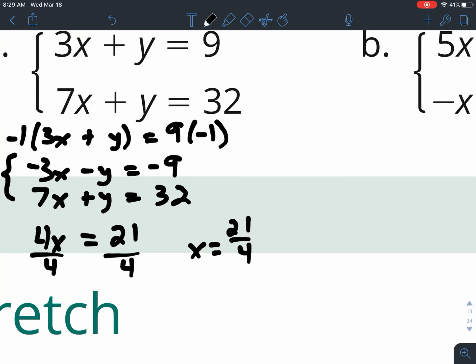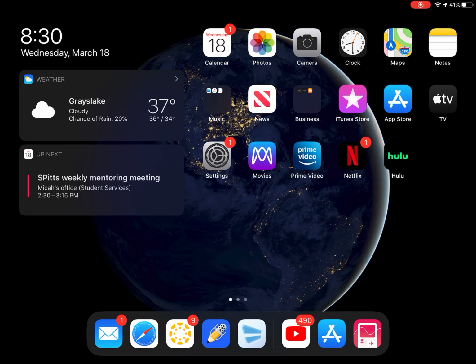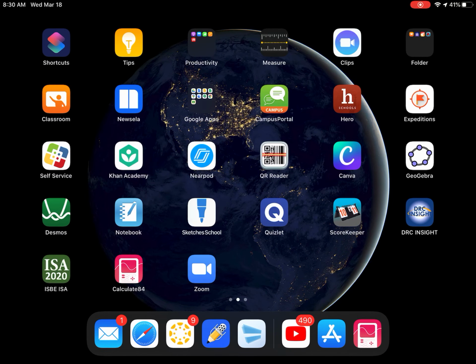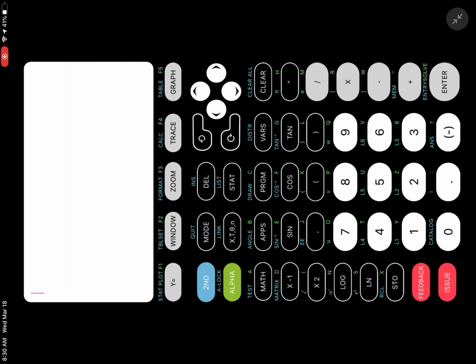Now, you will need that app that I've told you to download to make this easier. So I'm going to go to that app now. For me, it looks like this pink Calculate 84. You have to turn your iPad over a little bit. We said that our x value is 21 over 4. So I'm going to take the very first problem, 3 times, and put parentheses because it'll help.